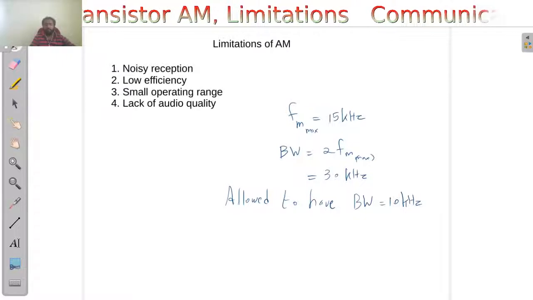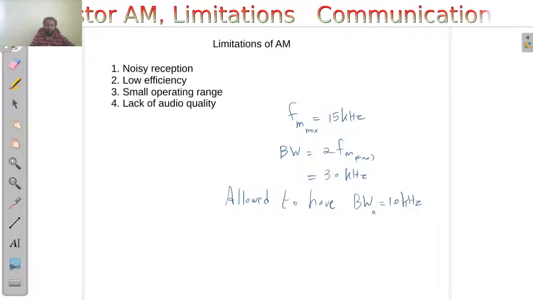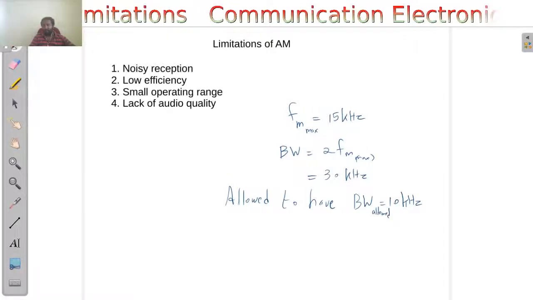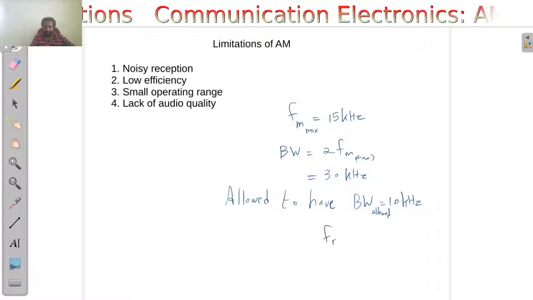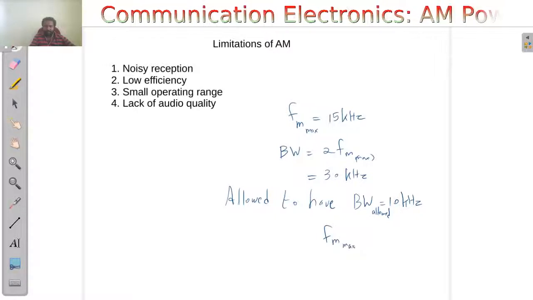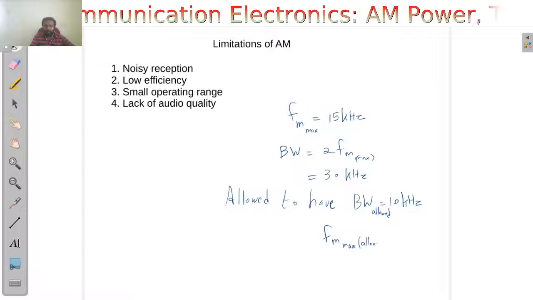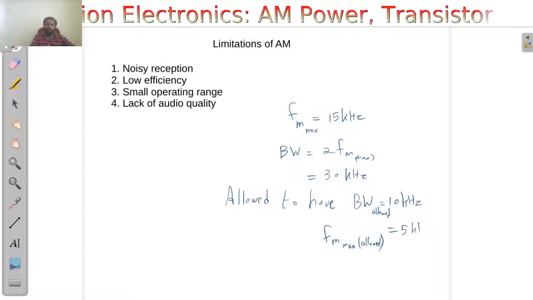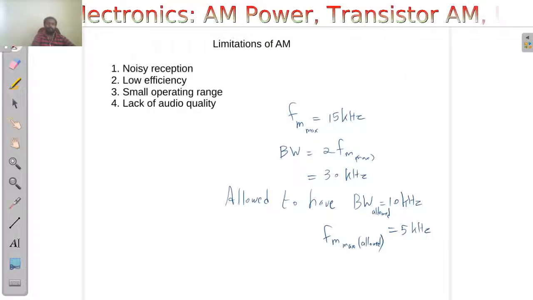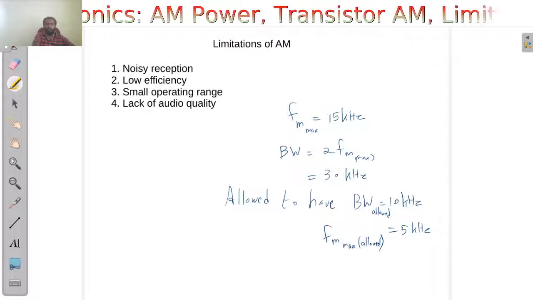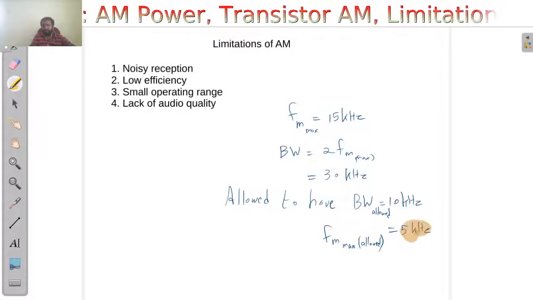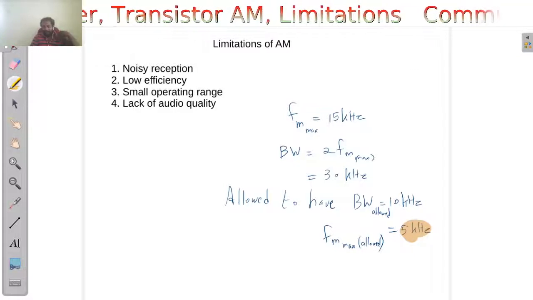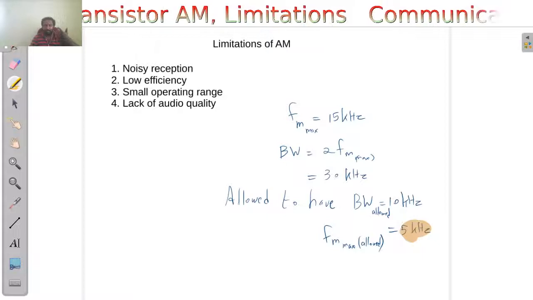This is the bandwidth allowed, which means the maximum frequency allowed, FM max, is half of this, that is 5 kilohertz. And 5 kilohertz is way too bad for us, especially for a musical concert to be transmitted. You will not get good quality. So that is why we say the audio quality is lacking in AM.